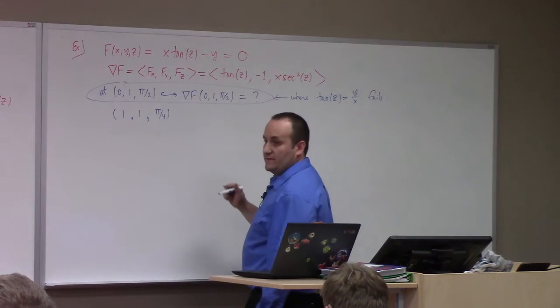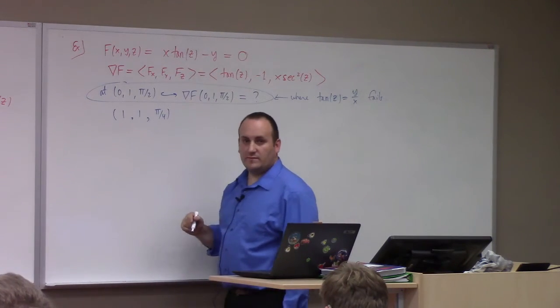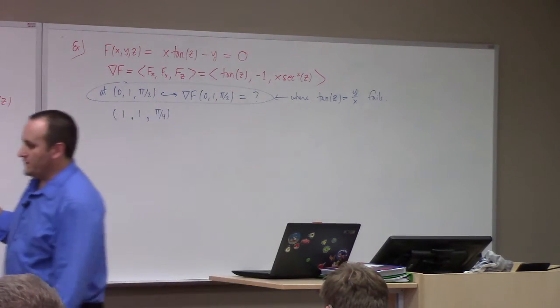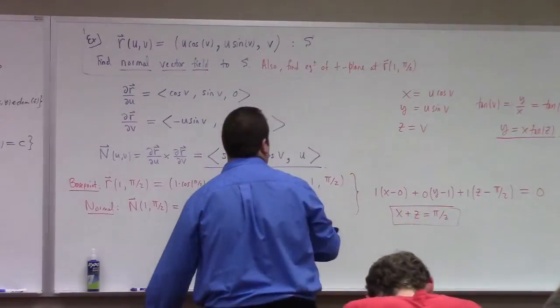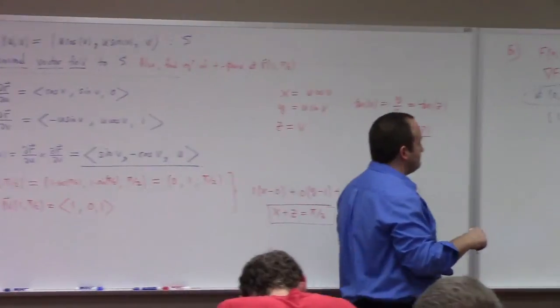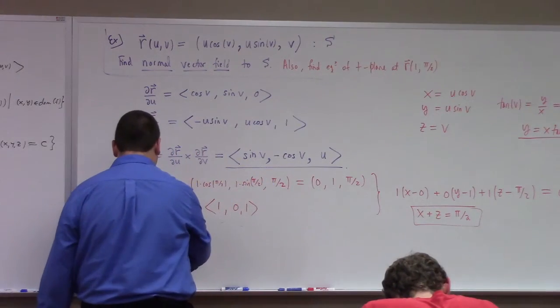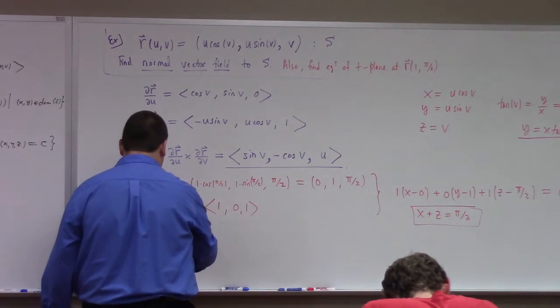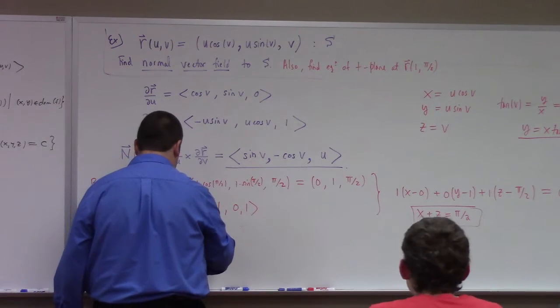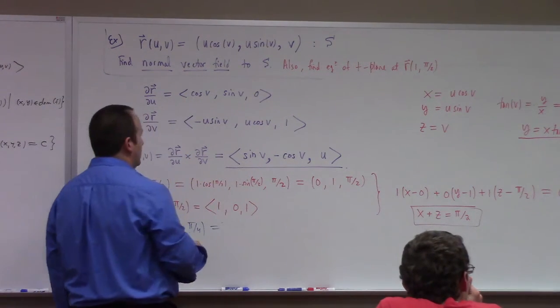Yeah, that's a point, right? That will solve this equation. How would you get 1, 1, pi over 4 from the parameters, though? U would have to be root 2, and V would be pi over 4. Root 2 and pi over 4, yeah, that's right.